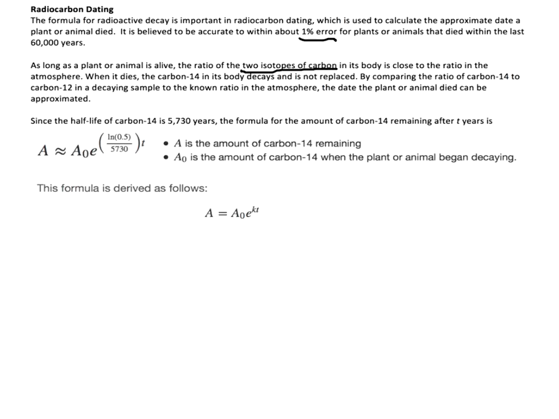So since the half-life of carbon-14 is 5,730 years, the formula for the amount of carbon-14 remaining after t years is given by this particular function. And so all they did was solve for k.